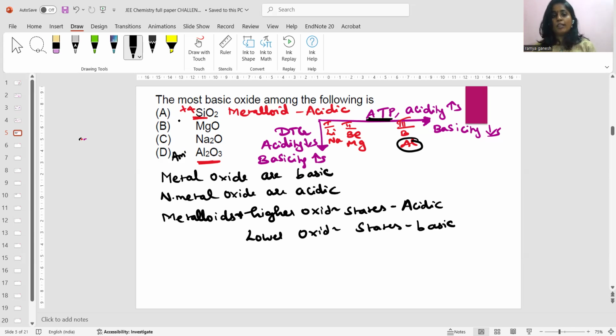It is an amphoteric oxide, meaning it can react with both acids as well as bases. Now the fight lies between magnesium oxide and sodium oxide. As we move along the period, acidity should increase, and here we have sodium and magnesium. Among them, which comes first? Obviously sodium. So sodium oxide will be the most basic oxide among all the choices.